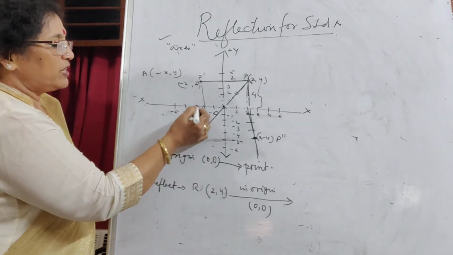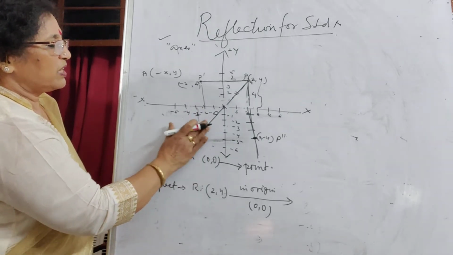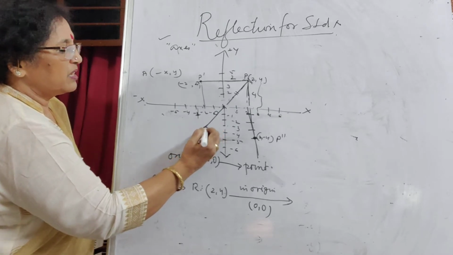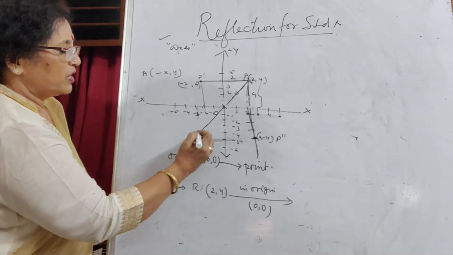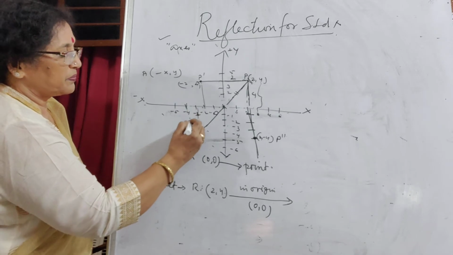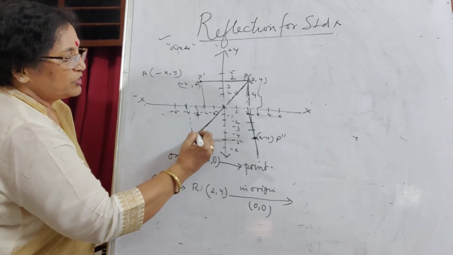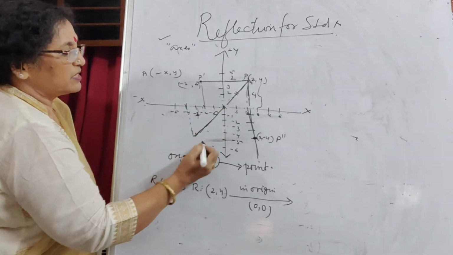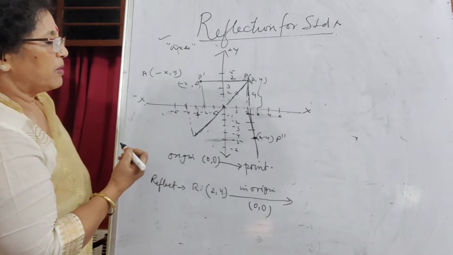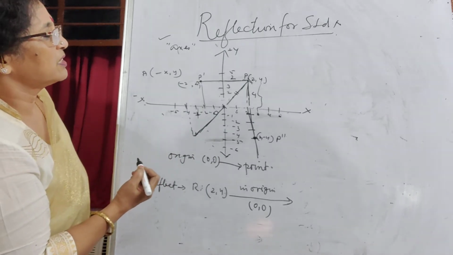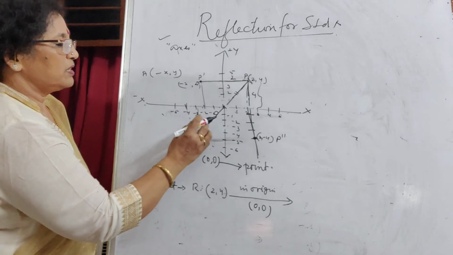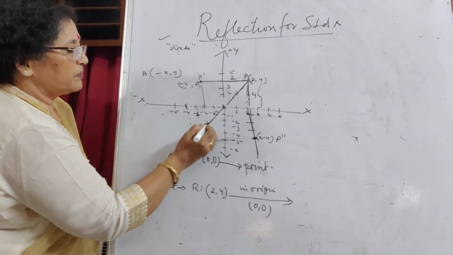And you will see when you read the coordinates, okay, it will come like this, minus 4. So it will come here. So if you see, object distance is equal to image distance, and minus 2, minus 4. So it will come somewhere here, sorry.